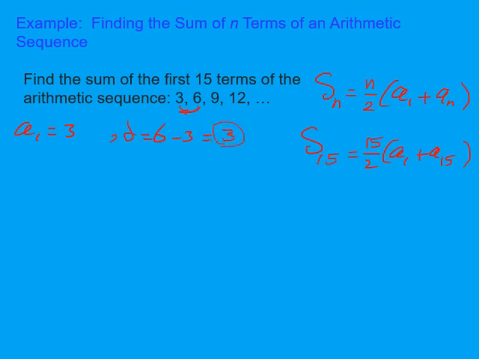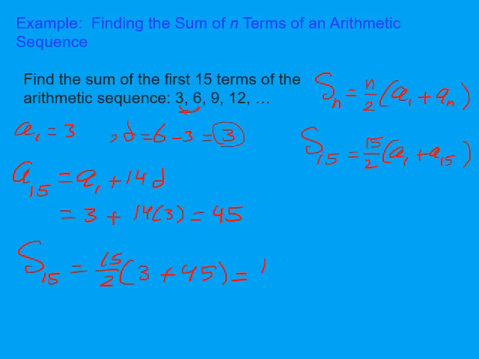So first I need to find a15, and a15 is a1 plus 14d. So a15 is 3 plus 14 multiplied by 3, and this is equal to 45. So S15 is 15 divided by 2 times a1 plus a15, which is 3 plus 45.